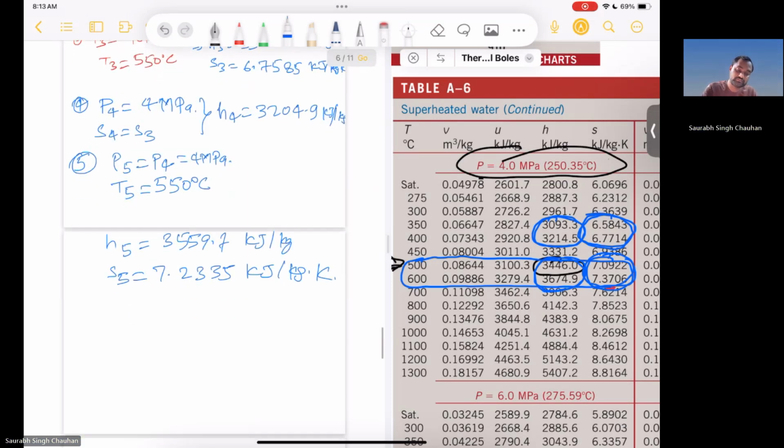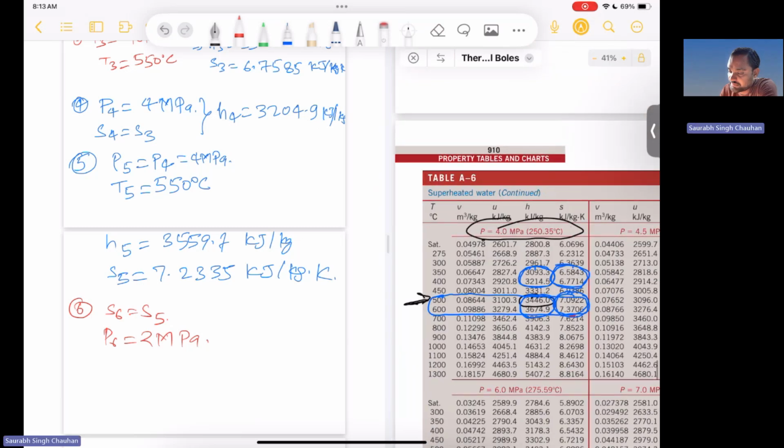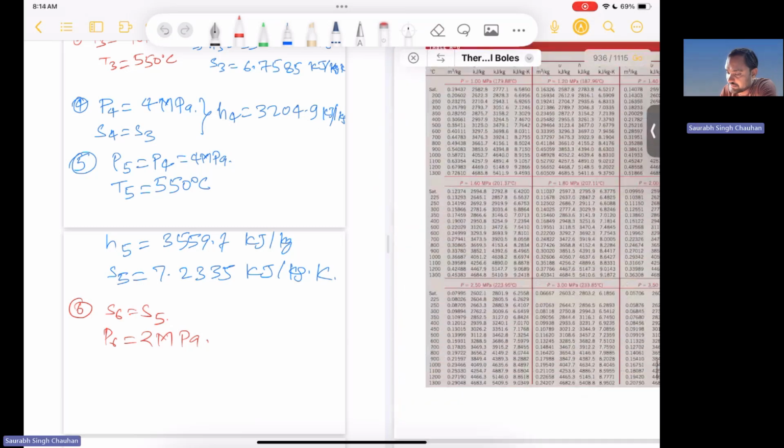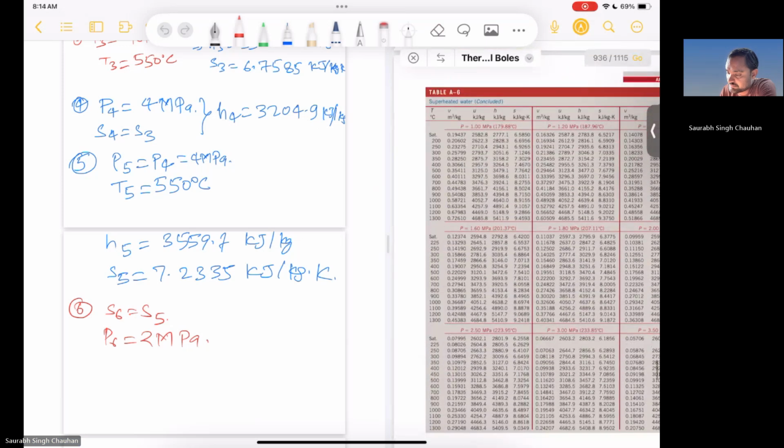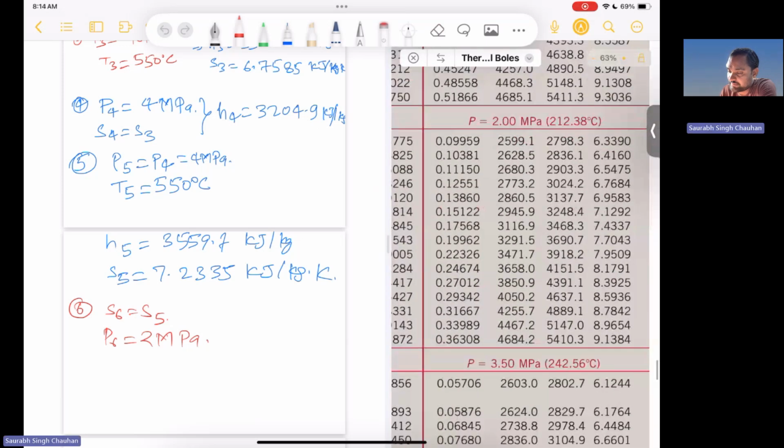Now coming to point 6. So 5 to 6 is an isentropic expansion. So entropy at point 6 will be equal to entropy at point 5, and the pressure at point 6 is given to be 2 megapascal. Correct. Secondary reheat is at 2 megapascal. So we will use 2 megapascal values. Where is 2 megapascal?